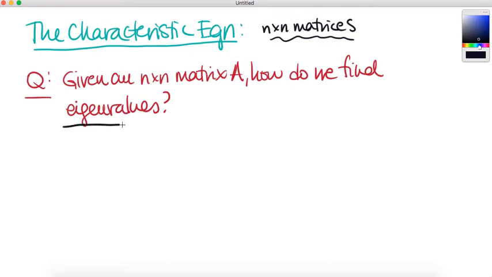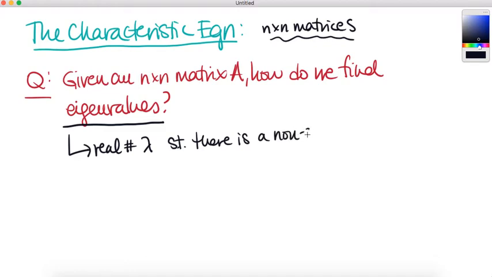Okay. First, let's remember what an eigenvalue is. It's a real number lambda such that there is a non-zero vector, which we'll call x, such that x is an eigenvector.